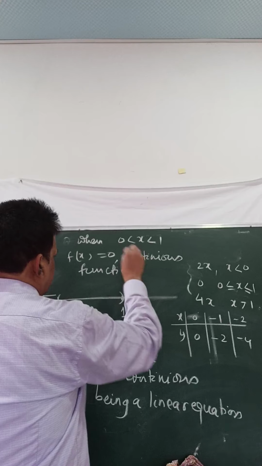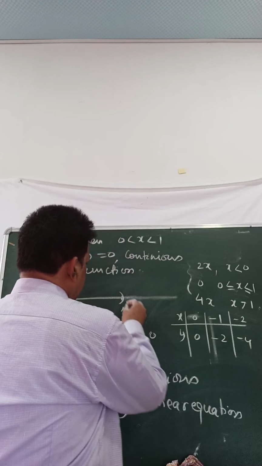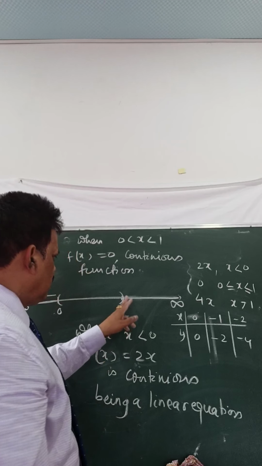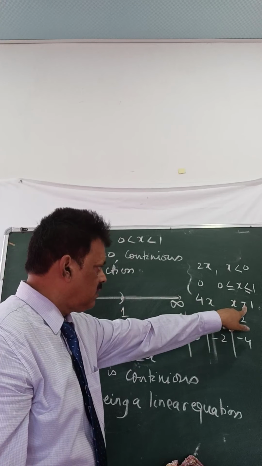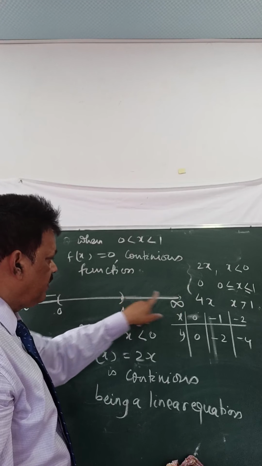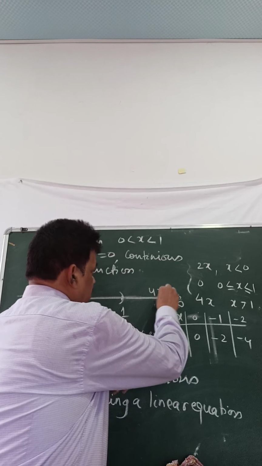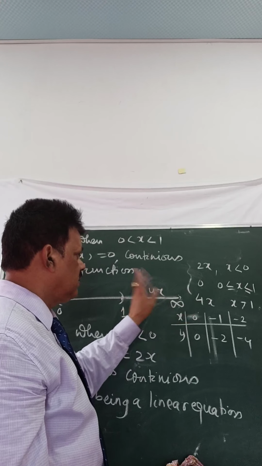Then comes x greater than 1. Greater than 1 means you are going this side, up to plus infinity, so 1 to infinity. What is the value? This is 4x. 4x is again a linear graph, so this is also continuous.